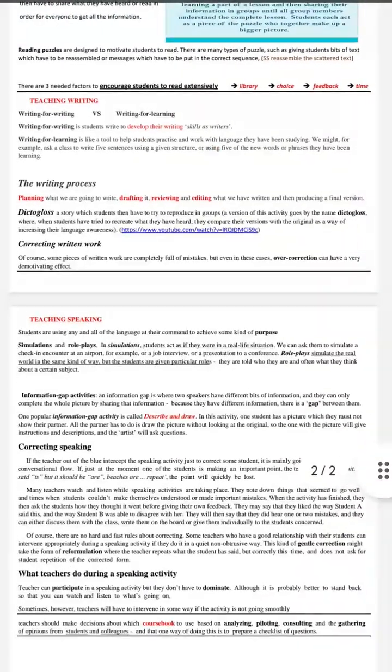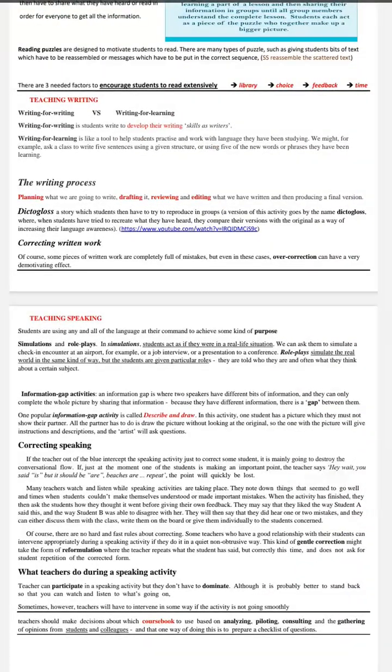One popular information gap activity is called describe and draw. In this activity, one student has a picture which they must not show their partner.